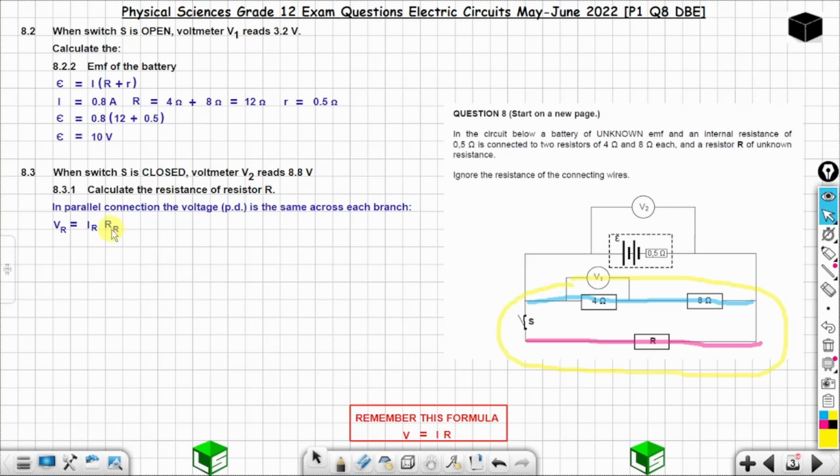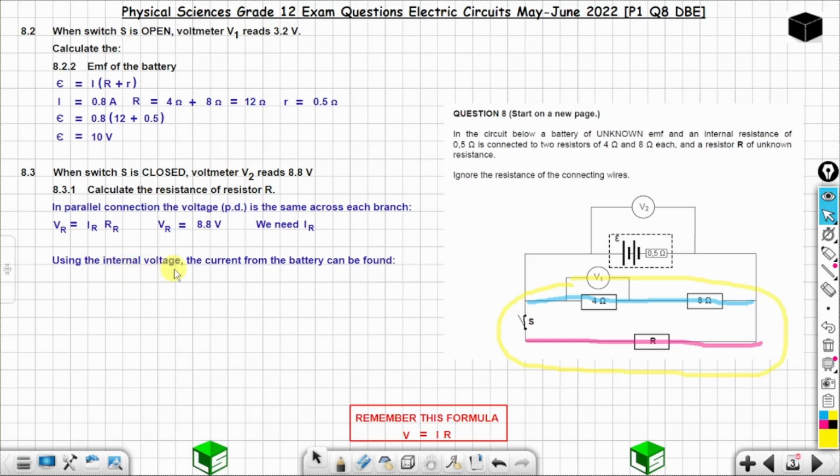The voltage is 8.8 on this branch, so VR is equal to 8.8 volts. Now you need the current through resistor R. How can we find it?